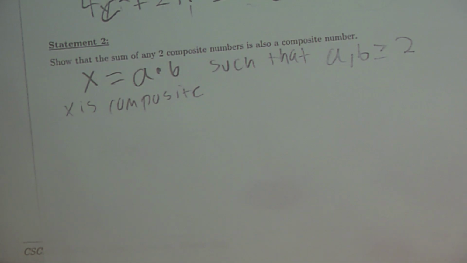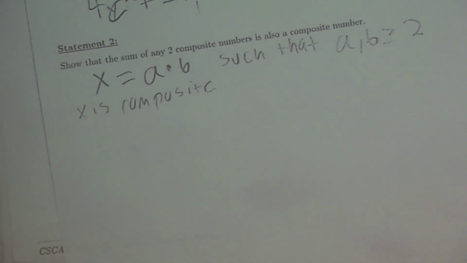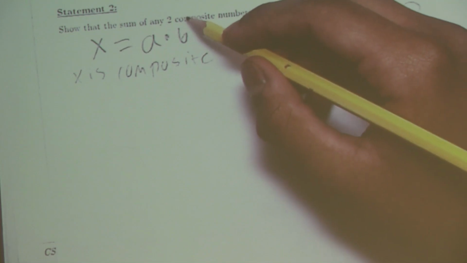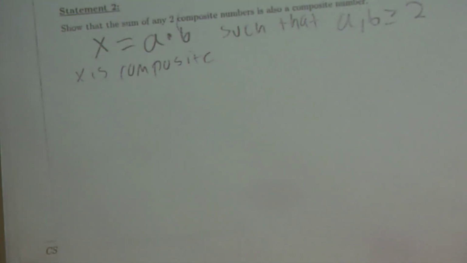Intuitively, what you can try to do is find some counterexamples, because what we know about composite numbers is that since they're not prime, we can try a bunch of values. So what are specific values or properties we know about composite numbers?